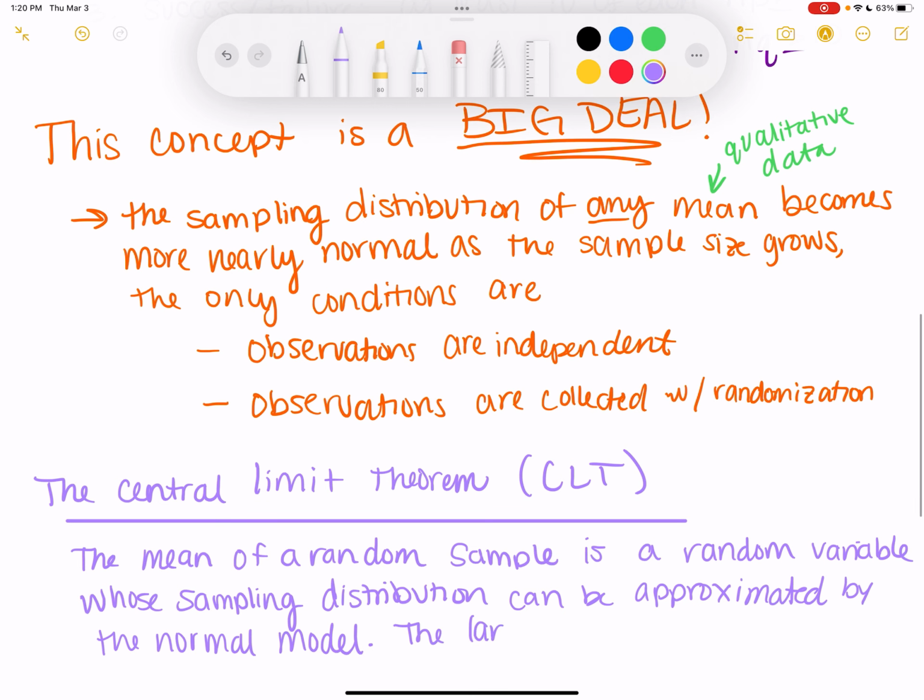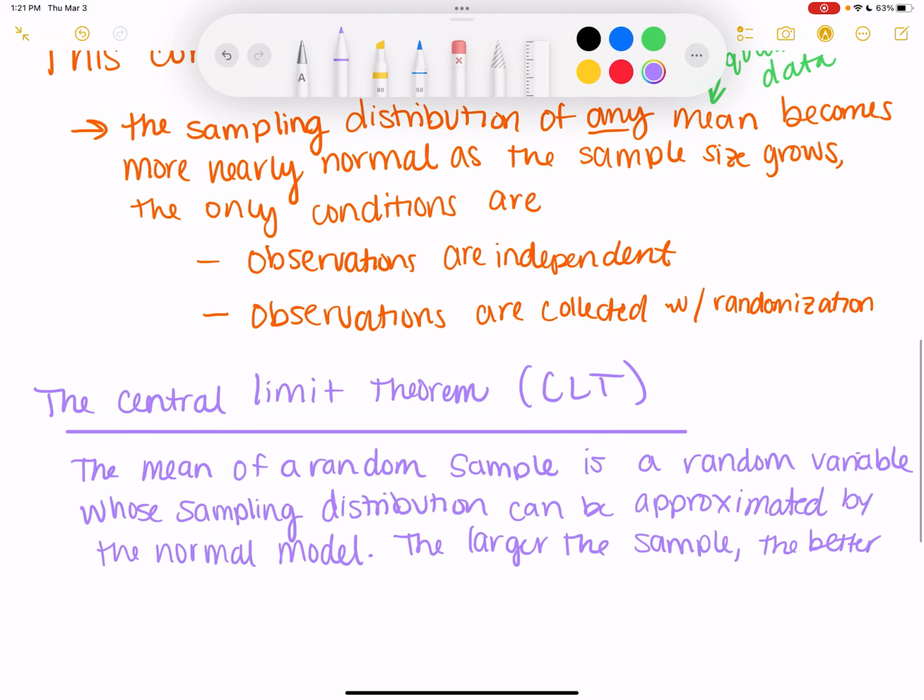The larger the sample, the better the approximation will be. Okay, and the conditions, there's still conditions for these, but they're essentially the same, so we're not going to rewrite them.